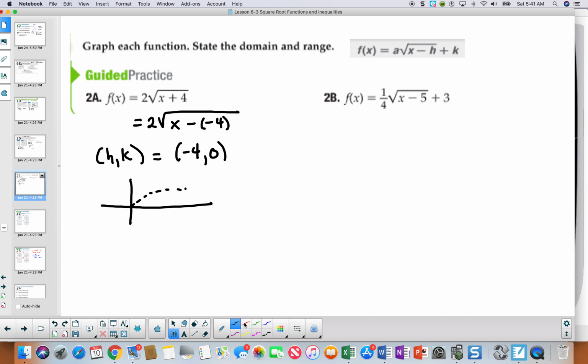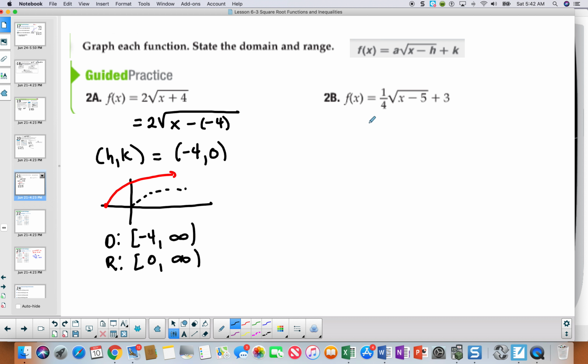And so what this is telling me is it's going to start here at -4, 0, and it's going to have a little bit of a vertical stretch like this. And my domain will be -4 to infinity, and my range, the lowest y value, is 0 to infinity.